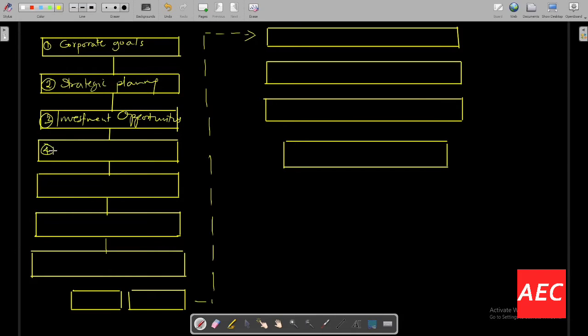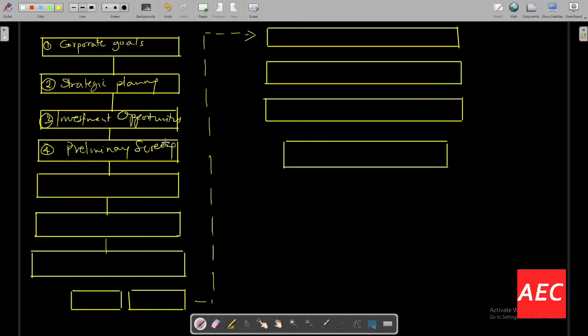The next one is preliminary screening. Now, companies pursue the scanning of the business environment and the development of several proposals.